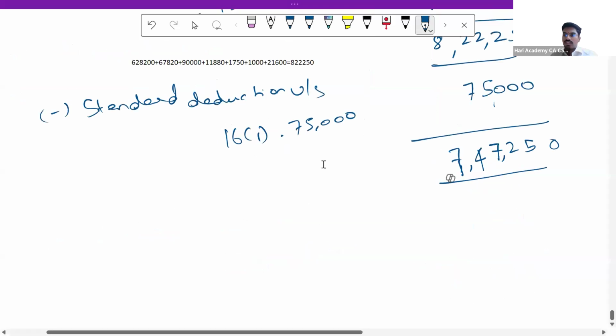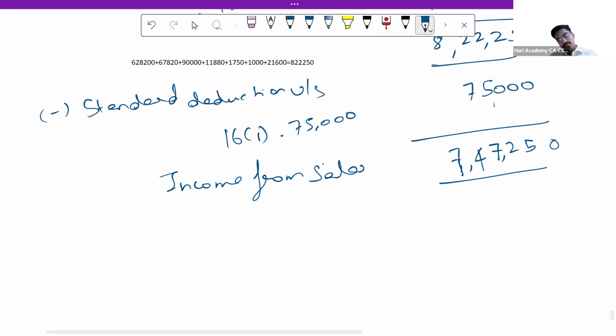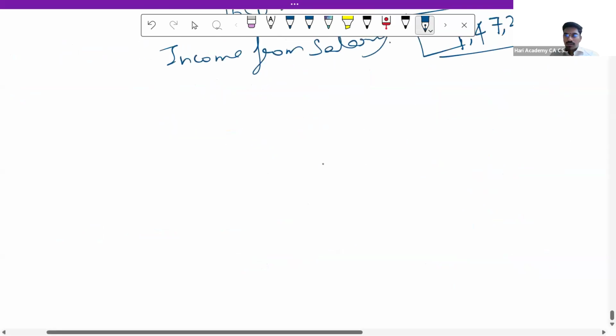Super. This is the answer. This is income from salary. Okay. So this is the total amount.